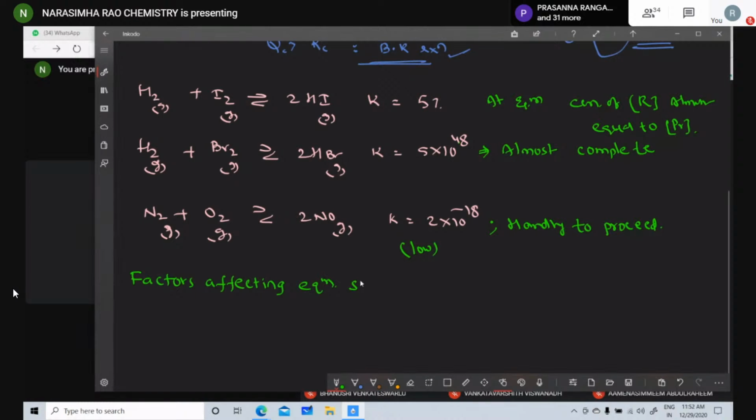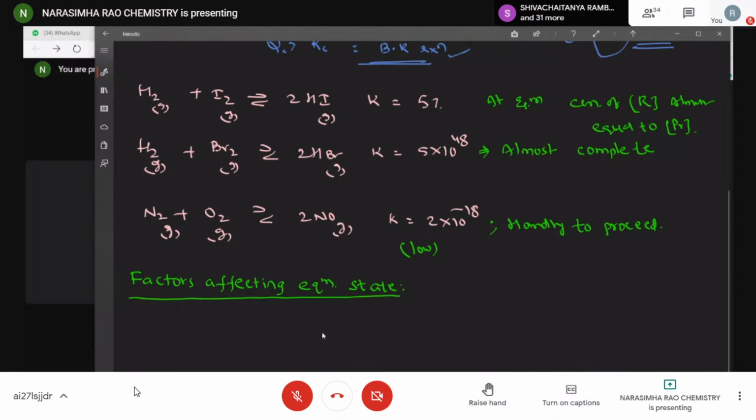Reminder, children: the equilibrium constant K is not affected by concentration, temperature, or volume, but the equilibrium state should be affected.